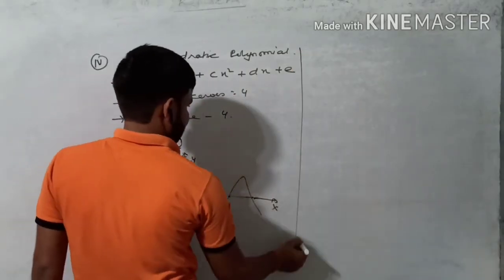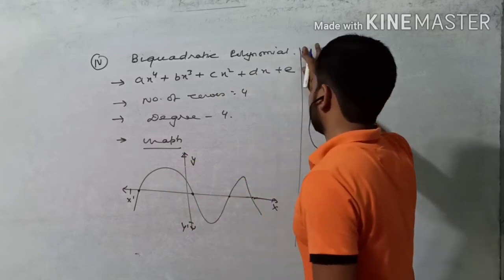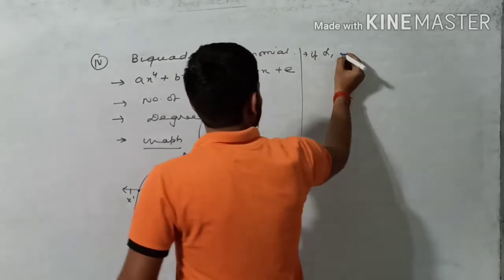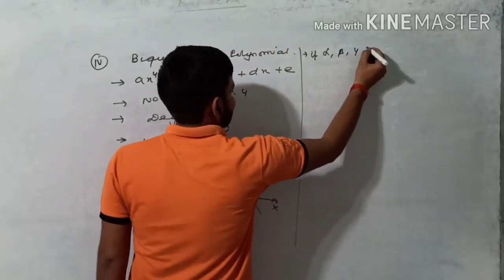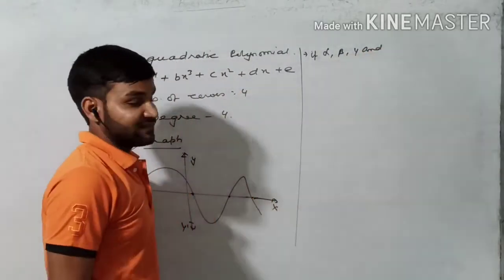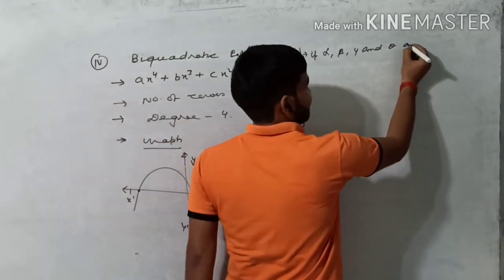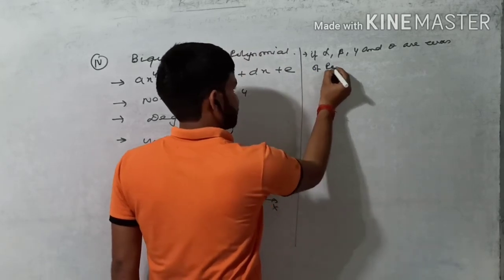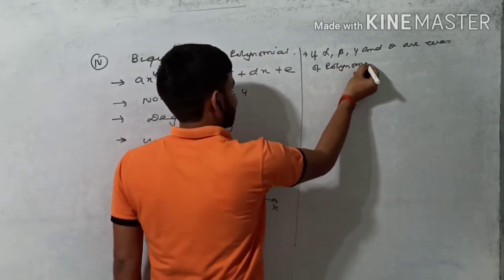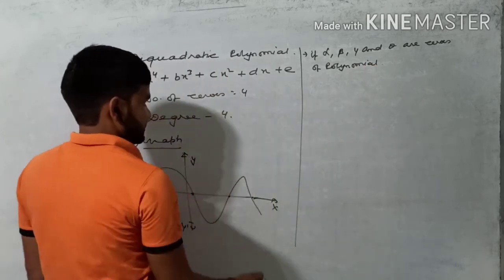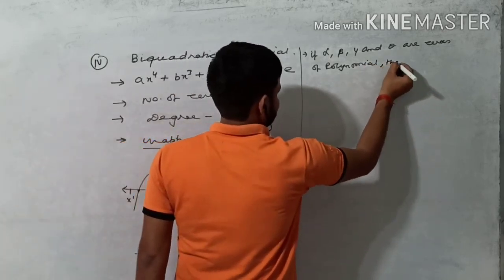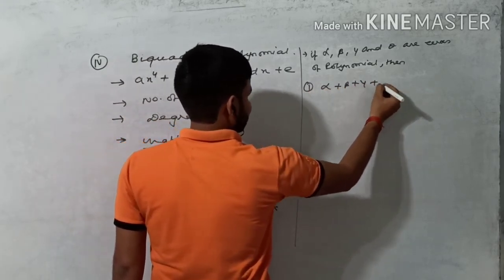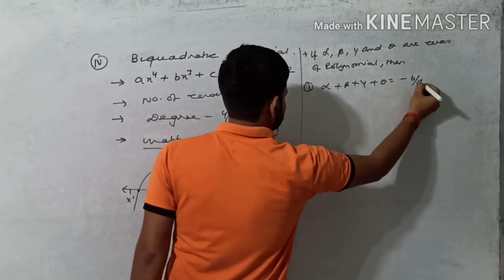Last is, suppose alpha, beta, gamma and theta are zeros of the biquadratic polynomial, then the first relation is alpha plus beta plus gamma plus theta equals minus b by a.